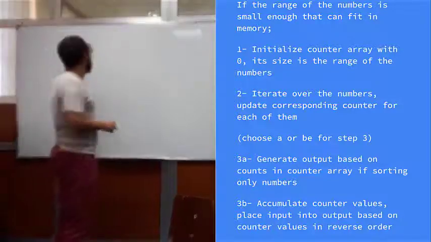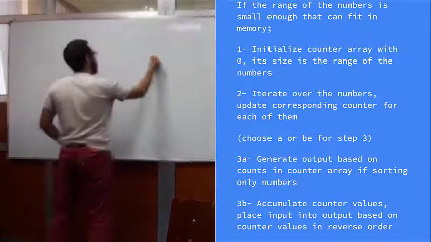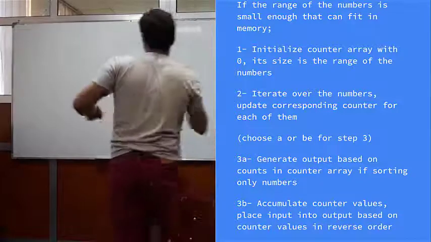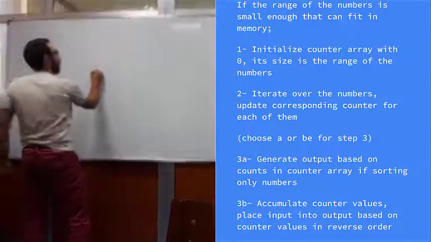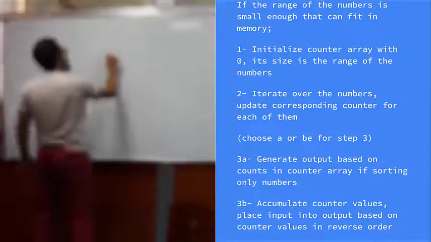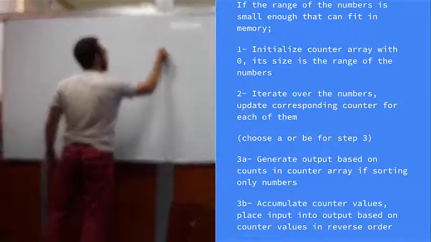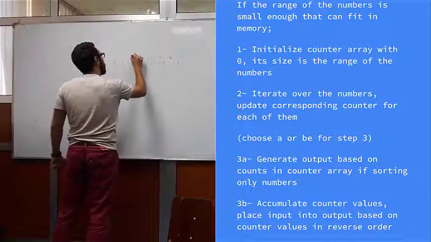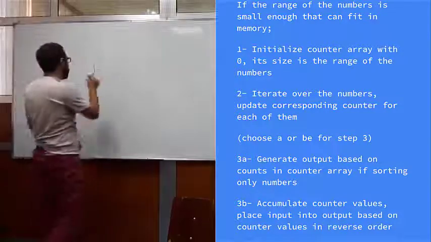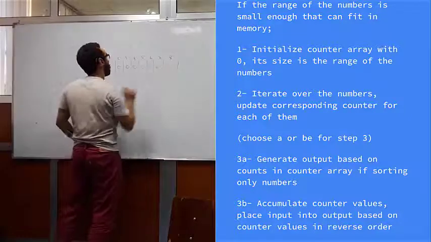So let's go ahead and generate our counter array. So at the beginning we start with 0 for each counter.